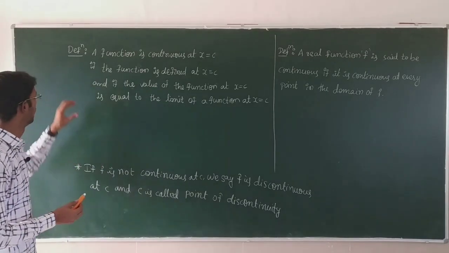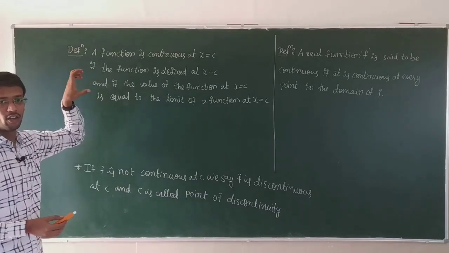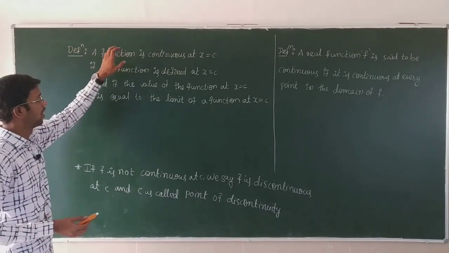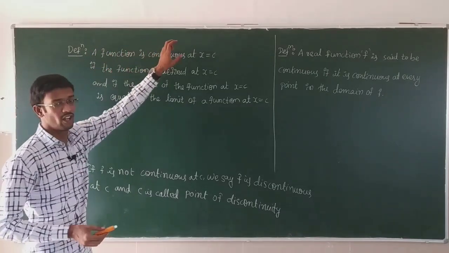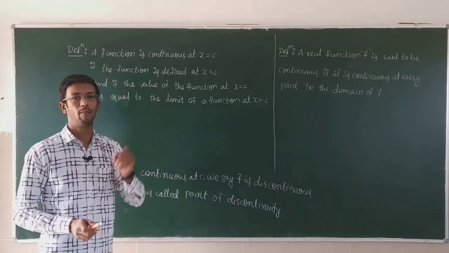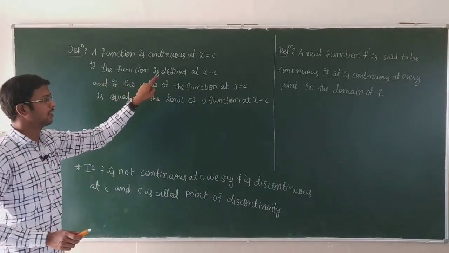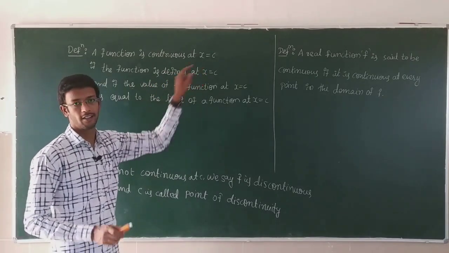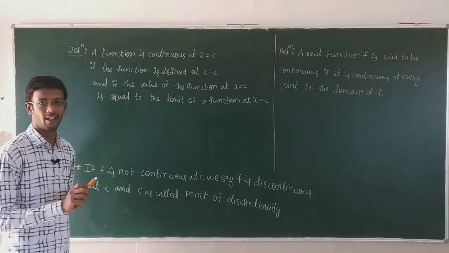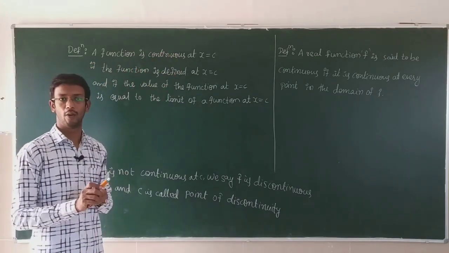Next, the definition of a continuous function. A function is continuous at x equal to p, where p is a real number, if the function is defined at x equal to p.